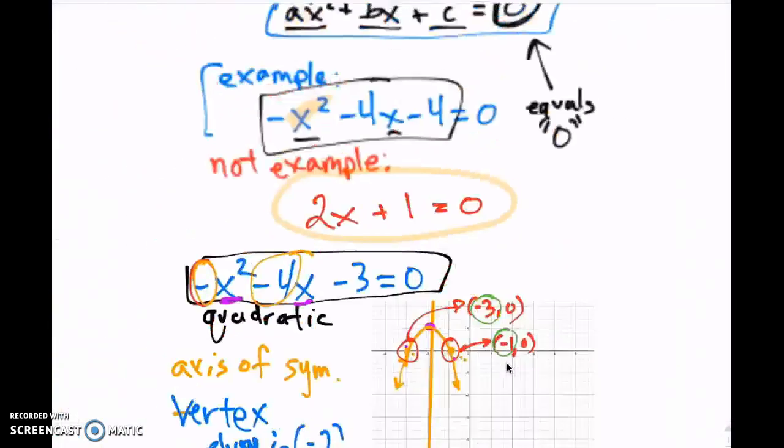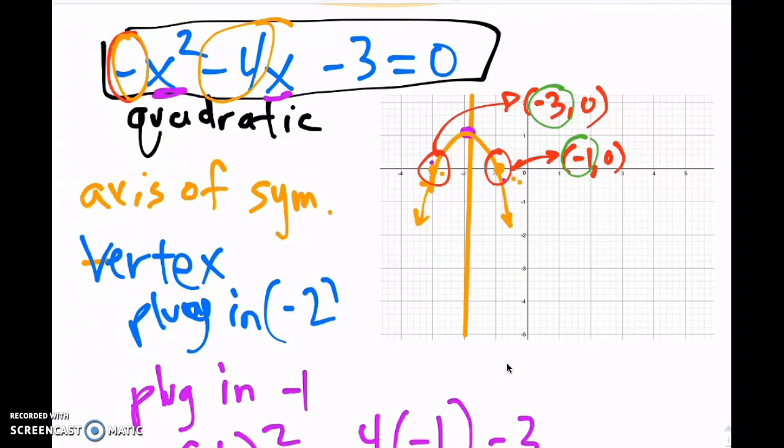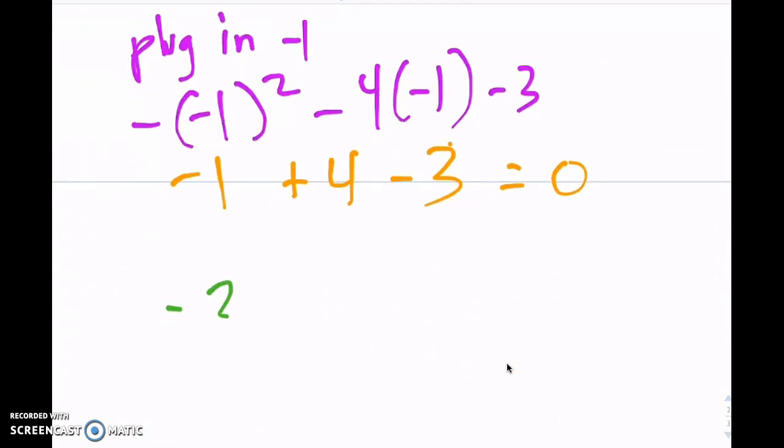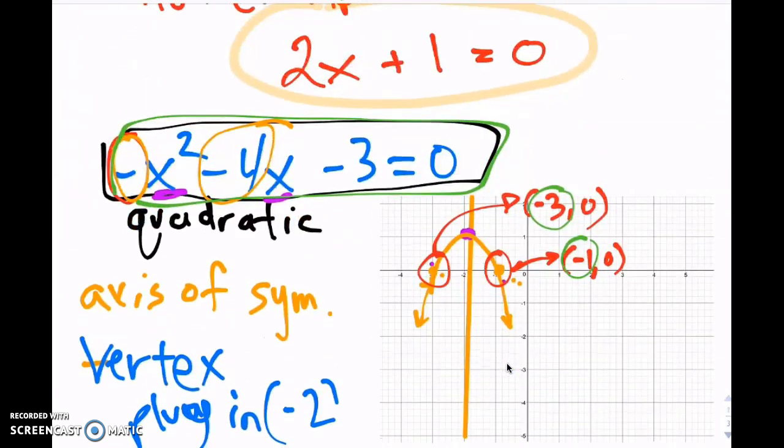Which means my solutions to this problem, the two numbers that I could plug into this quadratic equation to make my equation equal 0, are negative 3 or negative 1. Those are my answers. And as you can see, this graph has two zeros: a 0 here and a 0 here.